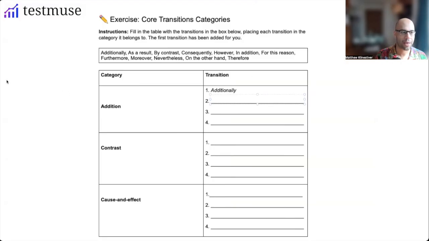So, because we've got additionally, I'm going to go ahead and cross this off. Another addition transition that's pretty easy to find is in addition, which has addition in it immediately. Another addition group: furthermore.